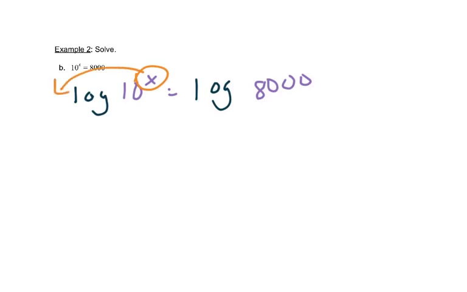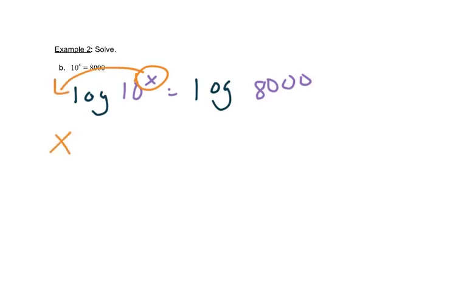Let's do another one. So here we can't make 8,000 be 10 to some power, so we're just going to write log in front of both the 10^x and in front of the 8,000. And again, that means we can use our power property.